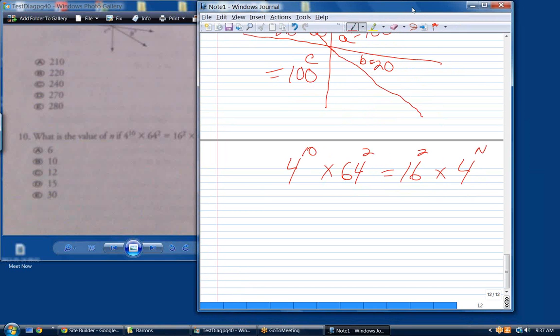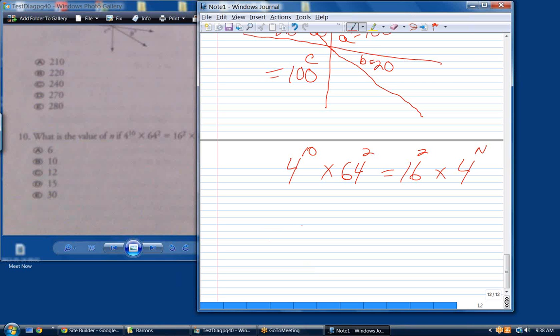Again, this problem would be a little difficult to do in your calculator. The numbers are so huge, it's liable to extend the limit of your calculator. So they don't want you to do it in a calculator anyway.